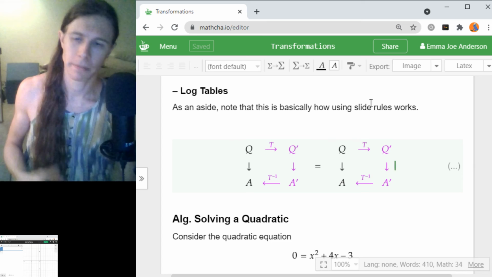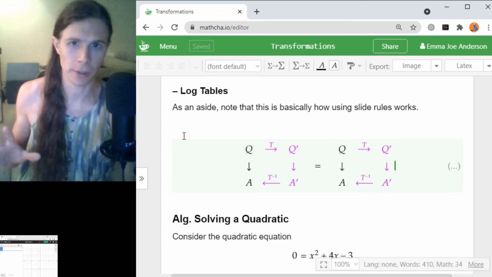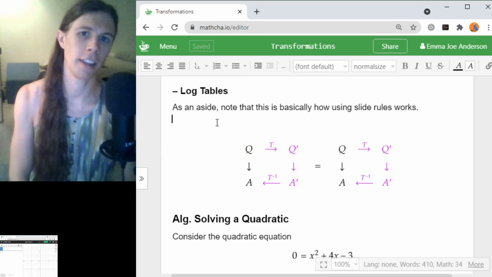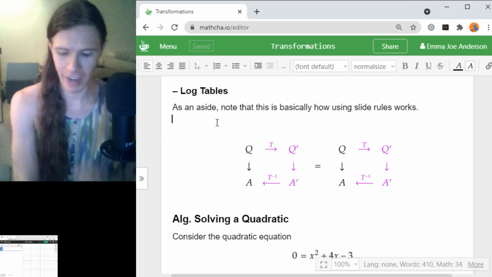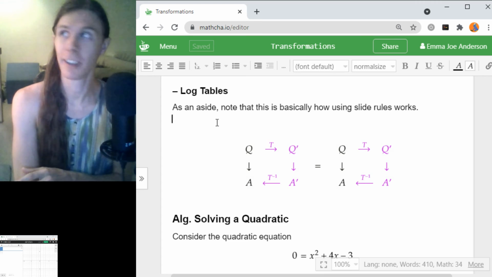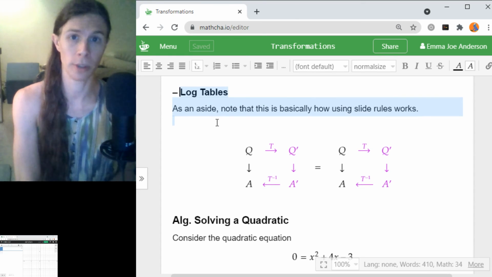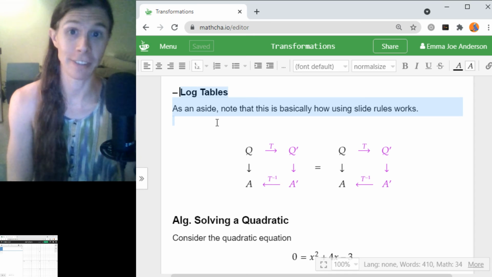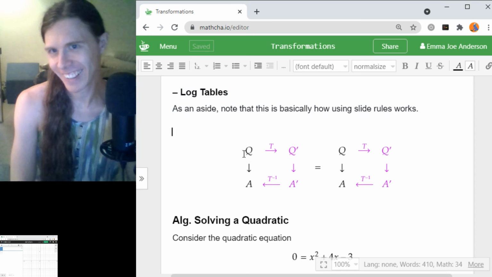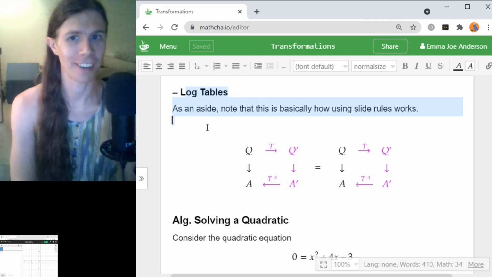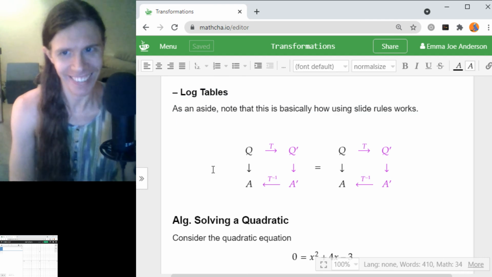And if you don't know anything about that, don't worry about it. I'll explain it then. But it's a nice aside about how we've used this in arithmetic. This was something really important to know how to do before the advent of the mechanical calculator or electronic calculator. Before we had calculators, this was what human calculators would use a lot.